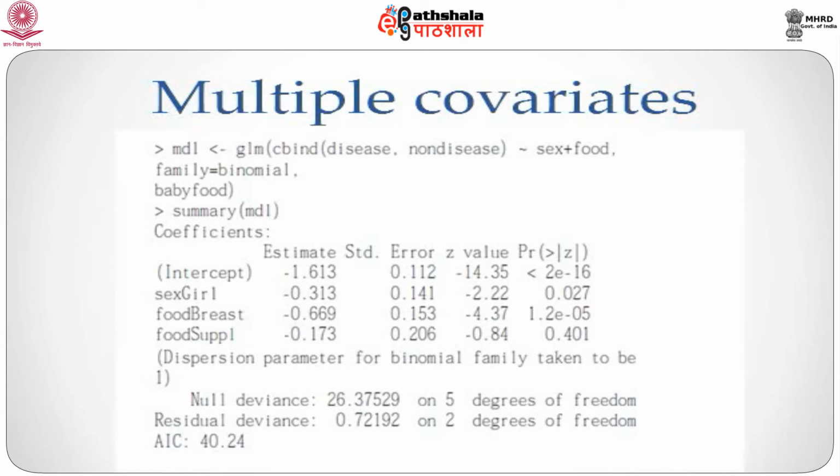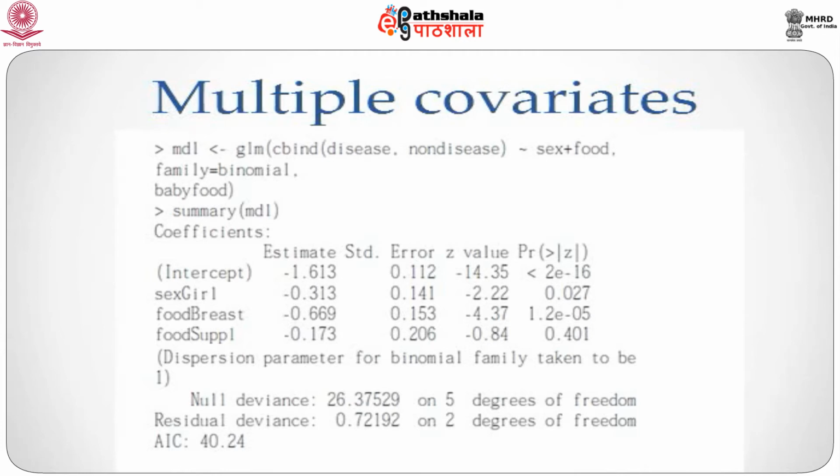So GLM, as before, the outcome cbind of disease and nondisease, success and failure, tilde, sex plus food. So this includes two covariates, sex and food. Note that sex is a factor with two levels, boys and girls, and alphabetically boys has been considered as the reference group, so that we only include one dummy variable corresponding to girls.